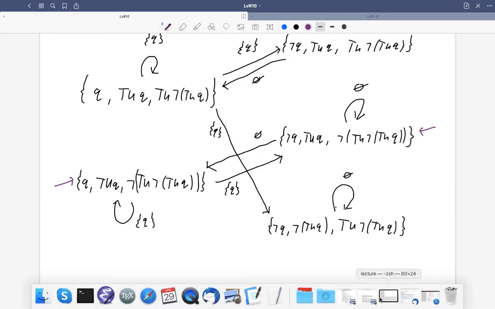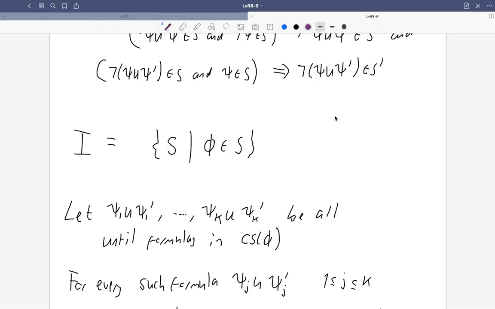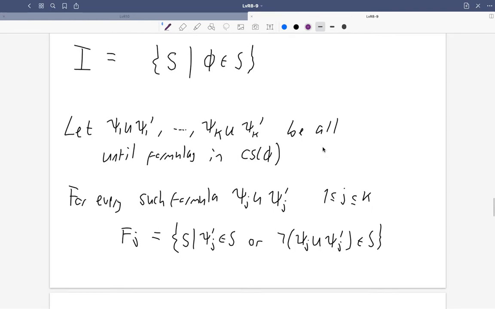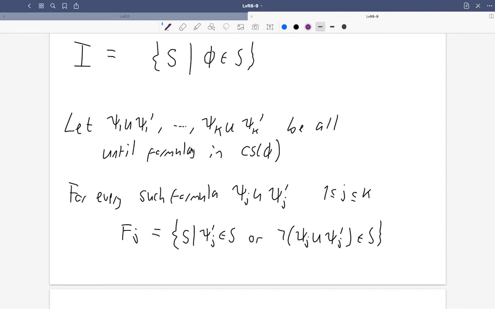And if we go back, so we've done the initial states, and now we have the final states. Now, it's a generalized non-deterministic Büchi automaton. So for every until formula, we have a set of final states. Every until formula that occurs in the complemented subformulas of phi.